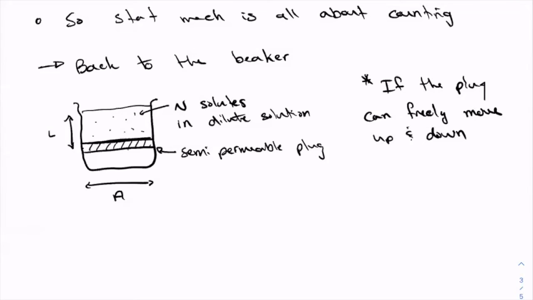so how could it possibly be free? You're thinking, oh, that semi-permeable plug weighs something. Well, let's imagine that its density is the exact same density as the solution. So it's essentially density matched or massless for all intents and purposes. If those conditions are true, if it can move freely, where does it go?